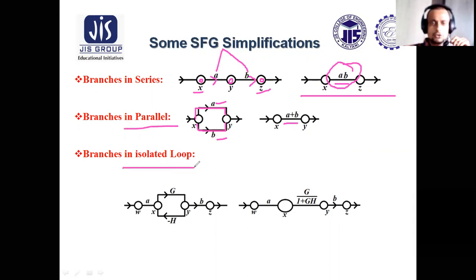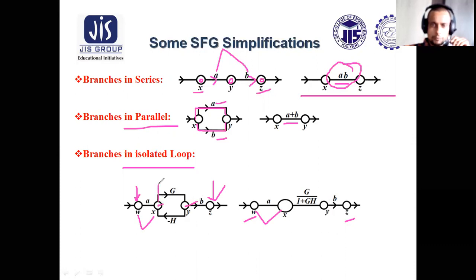Similarly, for an isolated loop or feedback path, see, this is the W node, which is the input node. This is the Z node, which is the output node. So between input node W and output node Z, what will be the overall transfer function? Between W and X, there is A. X and Y have two paths.